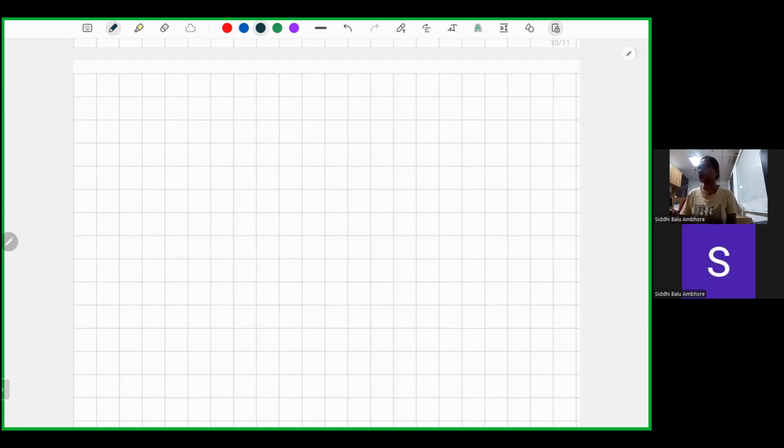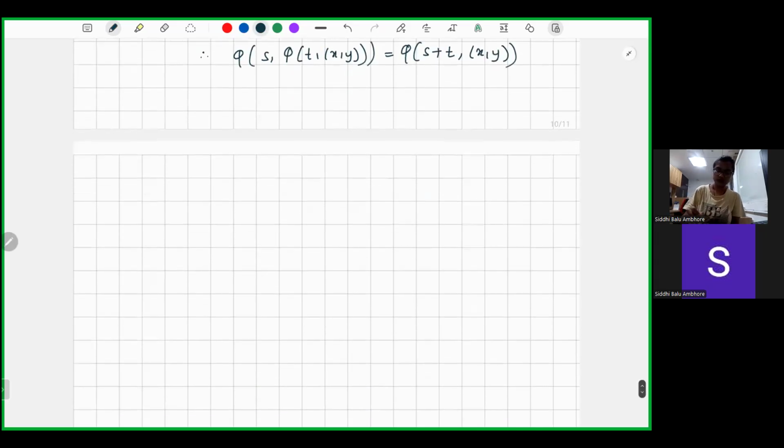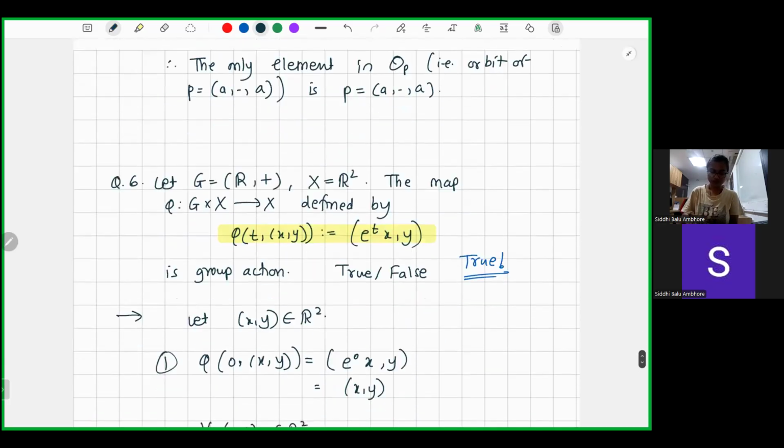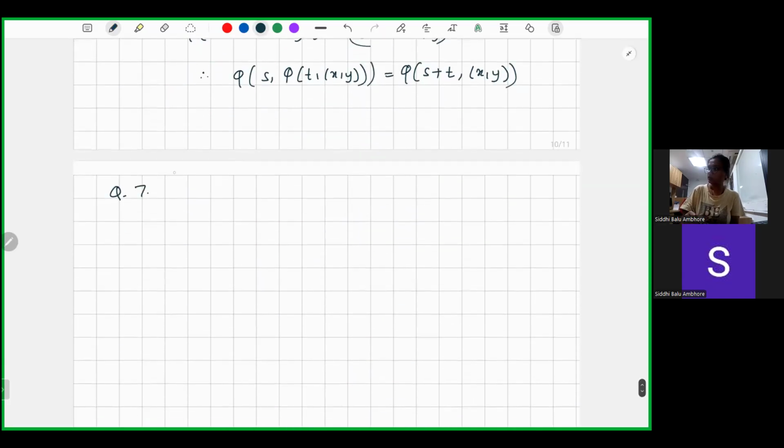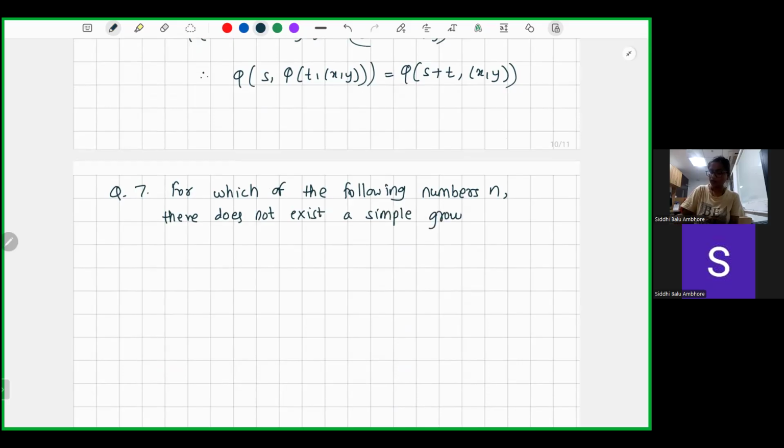Now, let us move to the next question, question 7. For which of the following numbers n does there not exist a simple group of order n?